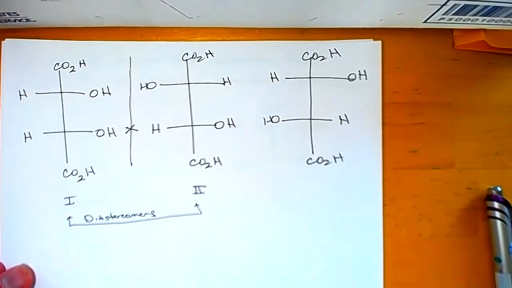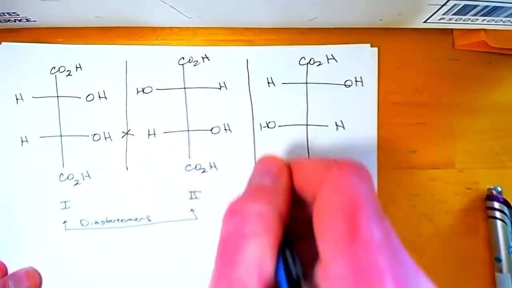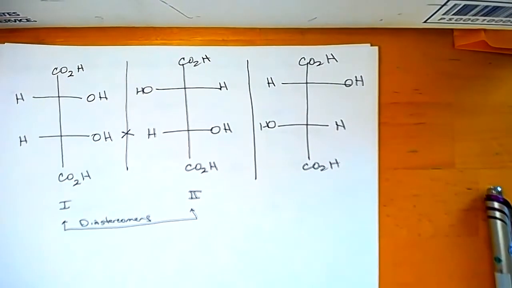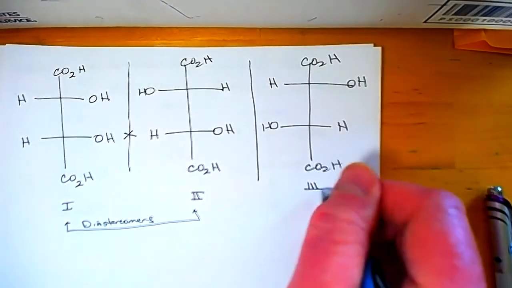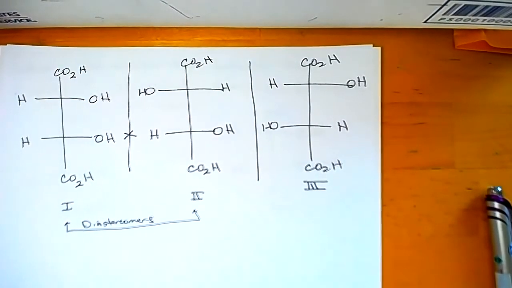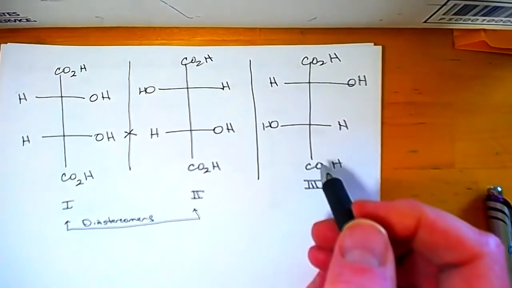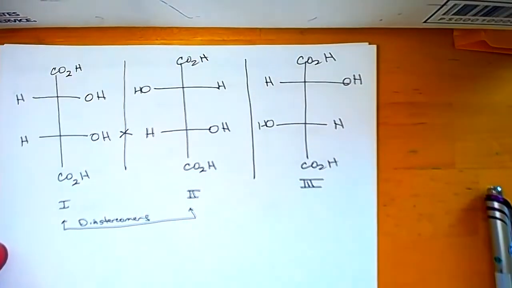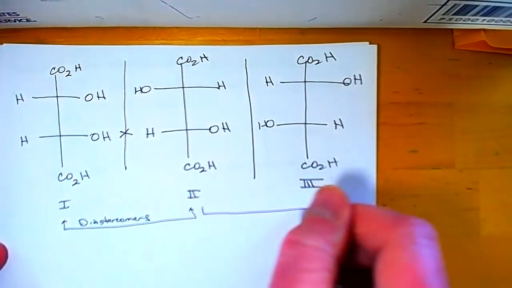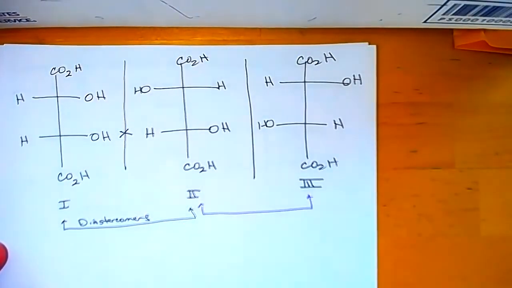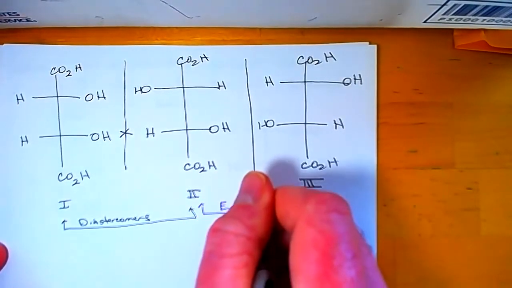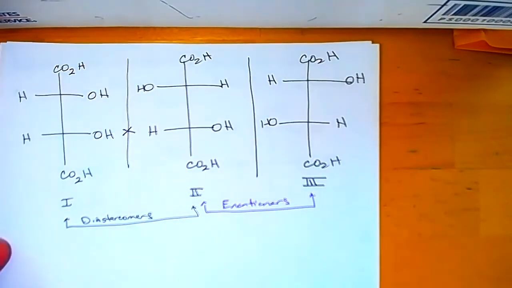But if you look at the relationship between 2 and compound 3, you can clearly see that those are mirror images of each other. And so the relationship between 2 and 3 is that those are in fact enantiomers of one another.